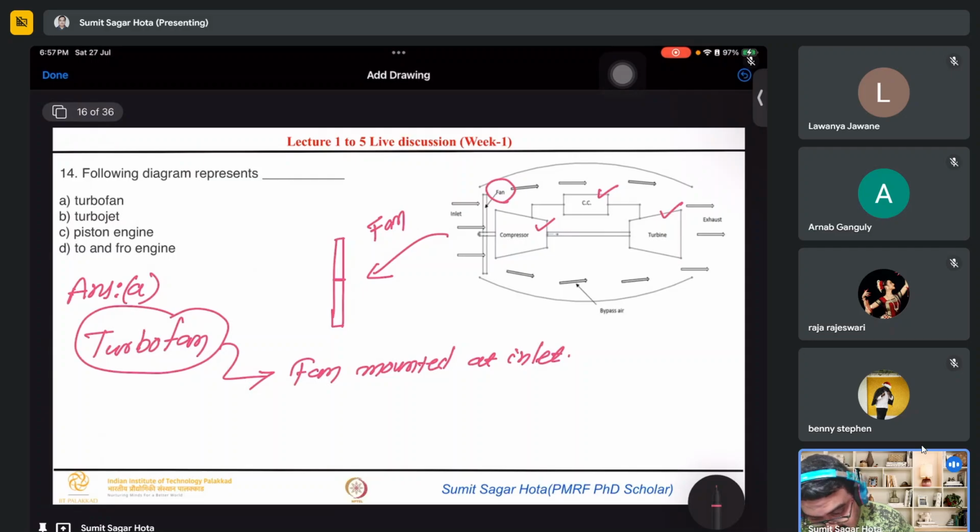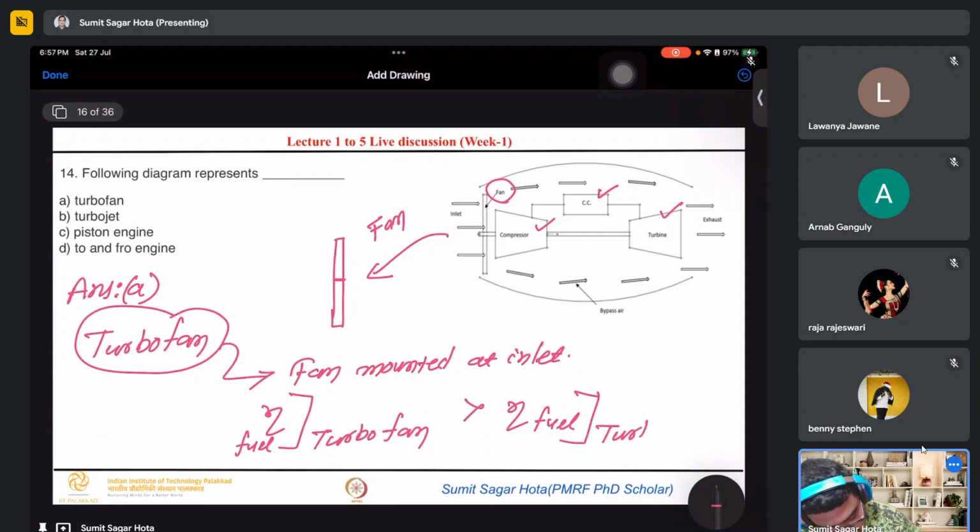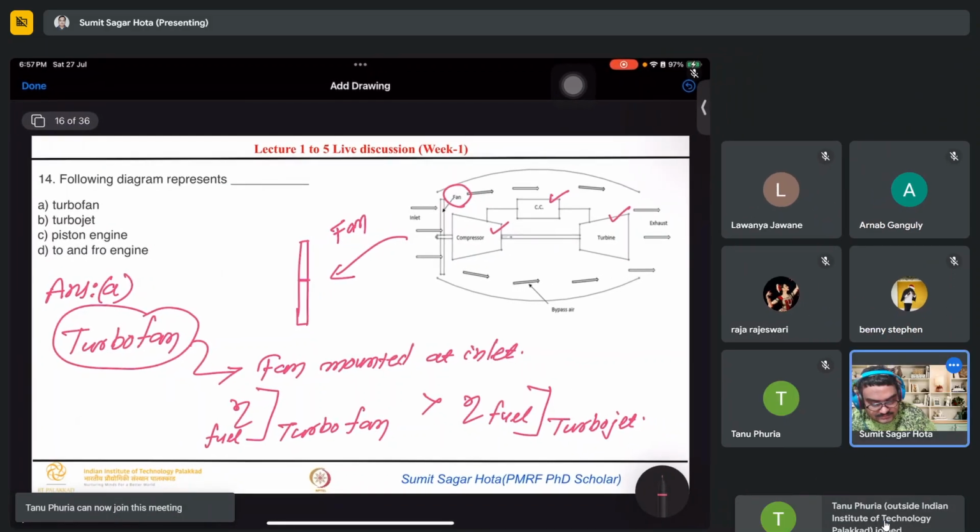Because of this fan, the efficiency is going to increase. This is the best advantage of turbofan, and that's the reason why it's better than our turbojet engine. And this efficiency I'm talking about is the fuel efficiency, not any other efficiency. So that's the whole idea.